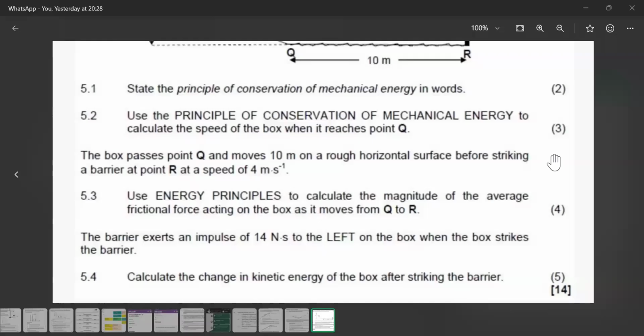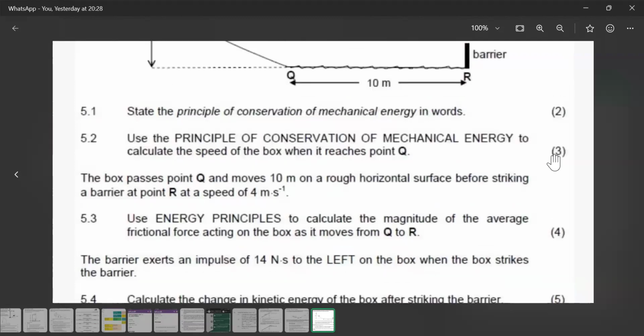Let's move on. So the next statement says, the box passes the point Q and moves 10 meters on a rough horizontal surface before striking a barrier at the point R at a speed of 4 meters per second.